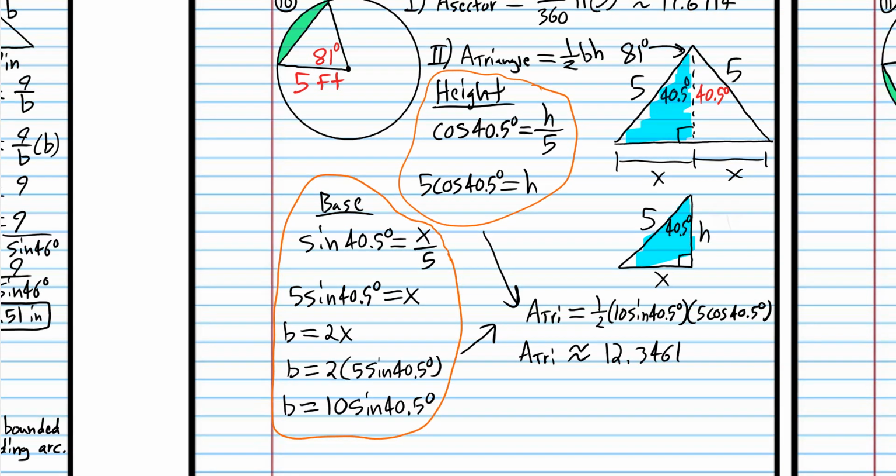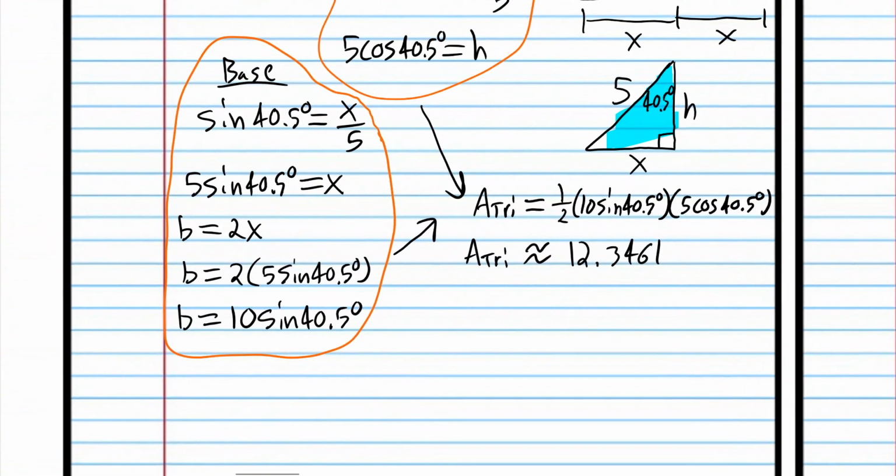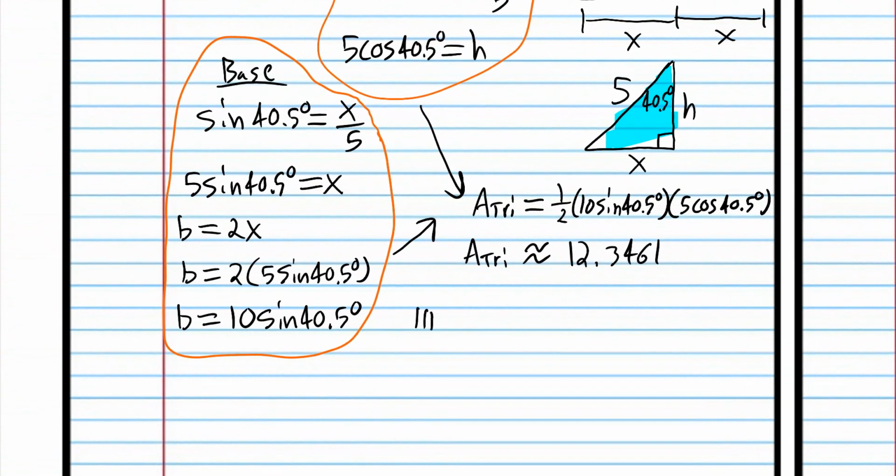And again, I want you to carry out 4 decimals there to avoid round off error in the last stages of the problem. So the area of the segment is equal to the area of the sector minus the area of the triangle.